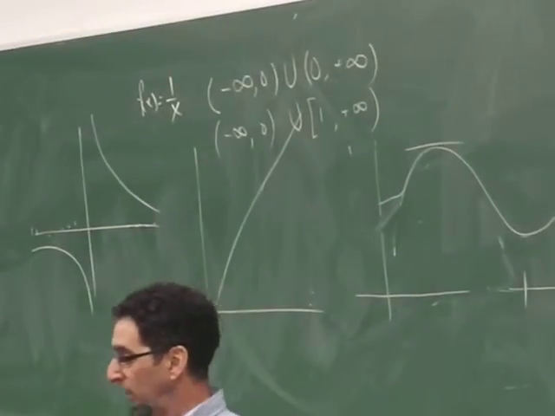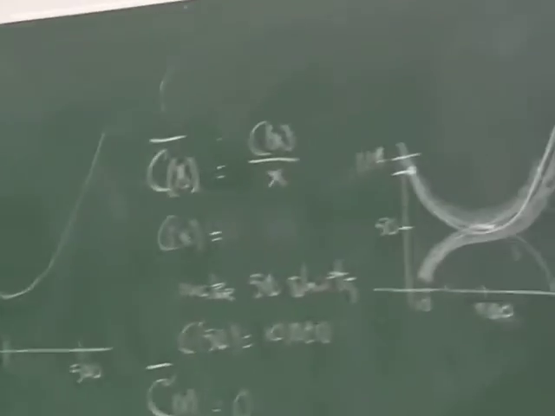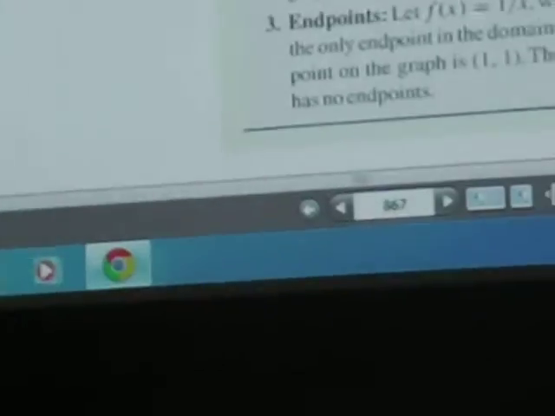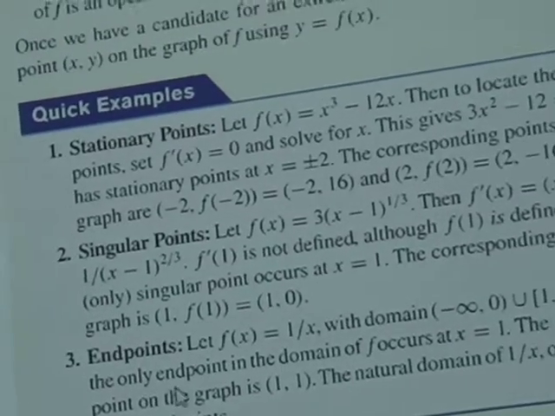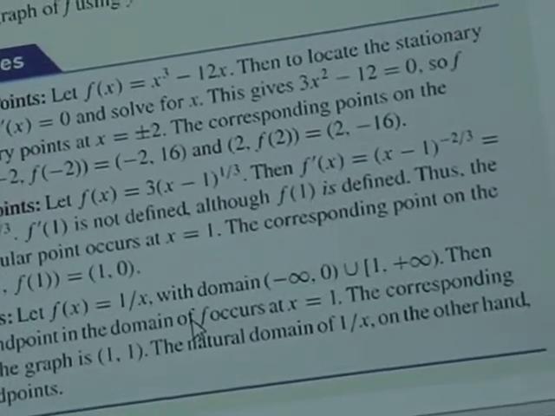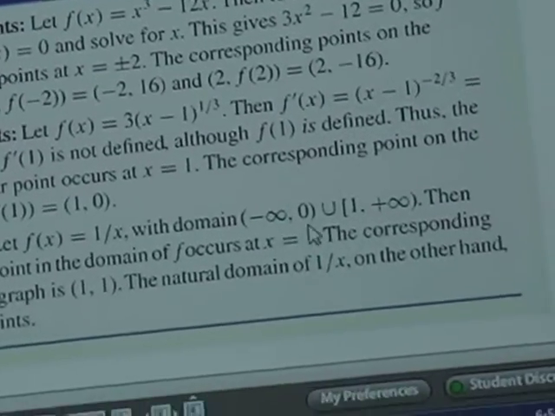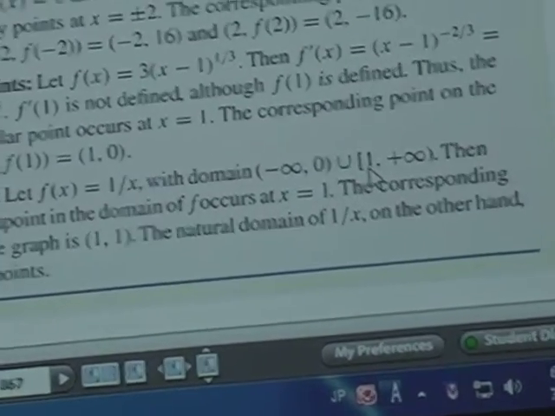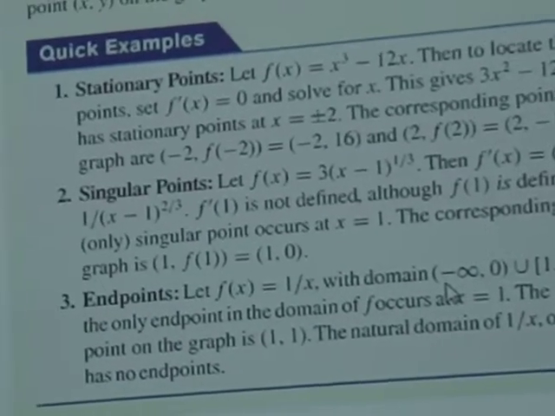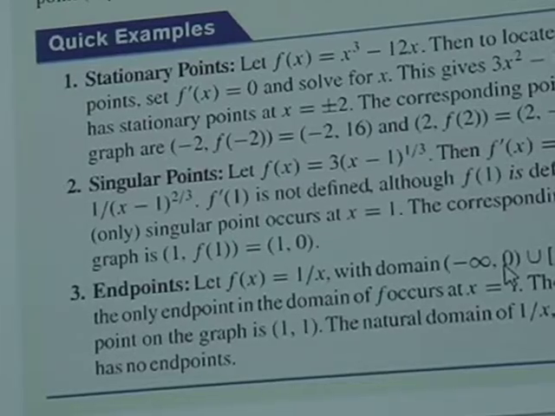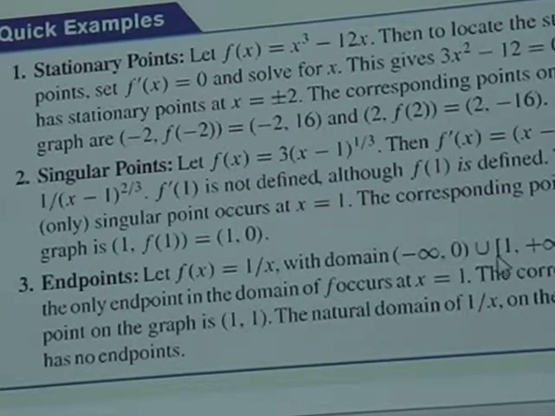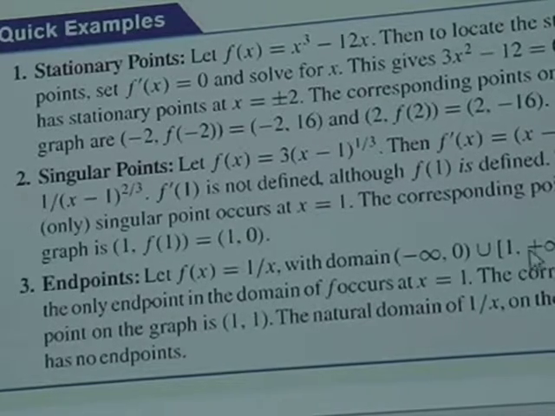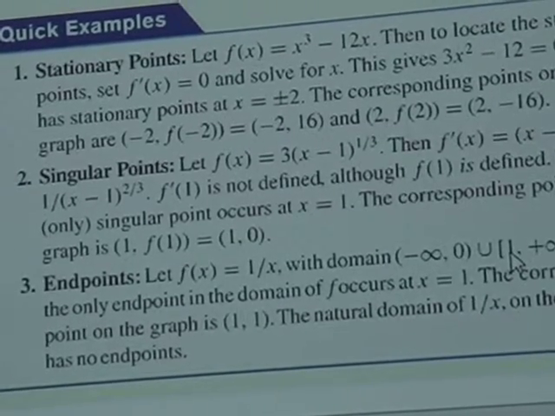Now, what about it? The only endpoint, he says, in the domain occurs where? Only at 1, right? Because negative infinity is not an endpoint. 0 is not an endpoint because it's not included. And plus infinity isn't. So the only endpoint, they say, is 1.